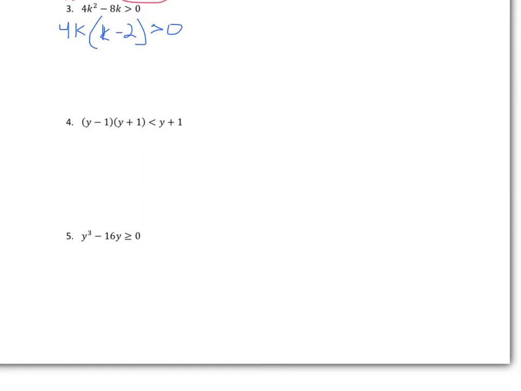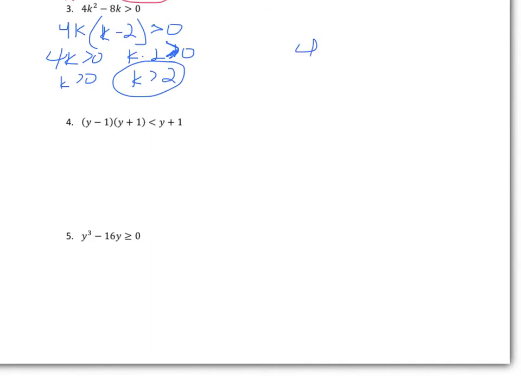Since they have to be the same sign, we've got 4k is greater than 0, k minus 2 greater than 0. Remember that these have to be AND problems because you need both in order to be true. You need both of them to be greater in order for this to be true. So k is greater than 0 and k is greater than 2. The only time that both happens is when, in fact, k is greater than 2.